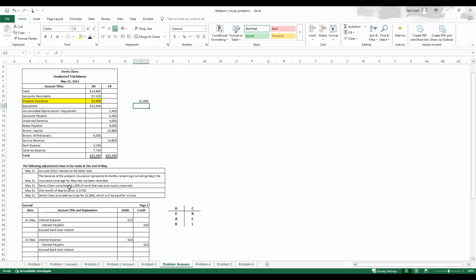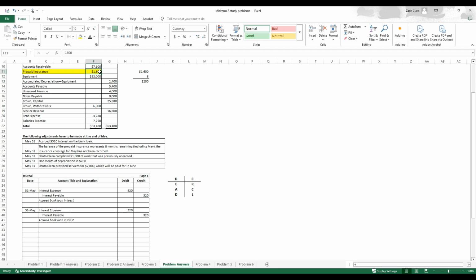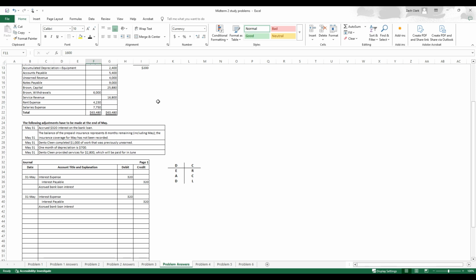We said it represents 8 months, including the current month that we're looking at. And so if we take that balance of prepaid insurance, divide it by 8 months, that tells us that it's $200 per month of insurance expense that's basically represented by the $1,600. We're at the end of May, and so one of those months has now been used up.